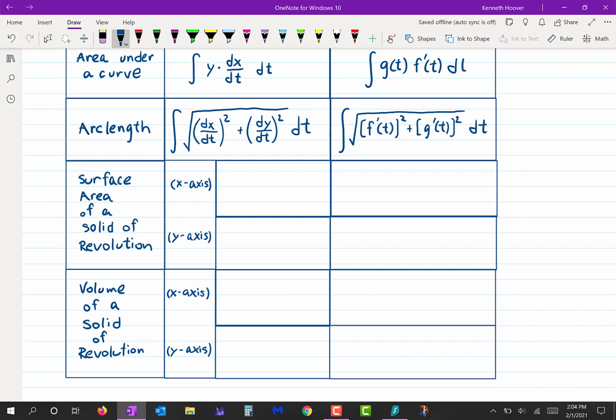In Leibniz notation, that's the integral of the square root of (dx/dt) squared plus (dy/dt) squared, integrated with respect to t. In prime notation, it's the integral of the square root of f prime squared plus g prime squared.